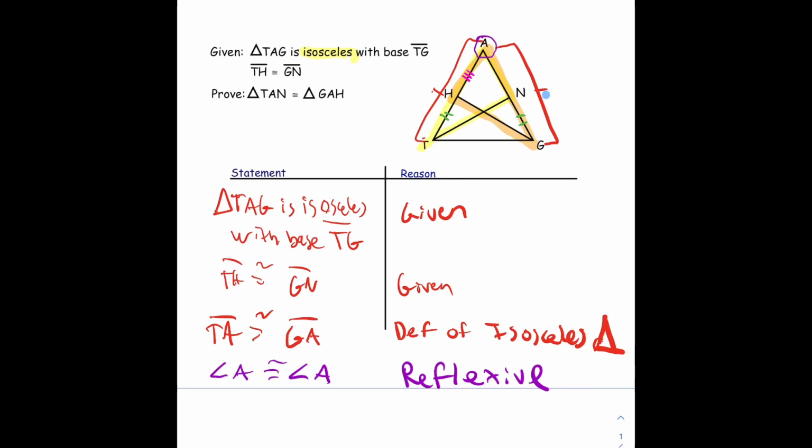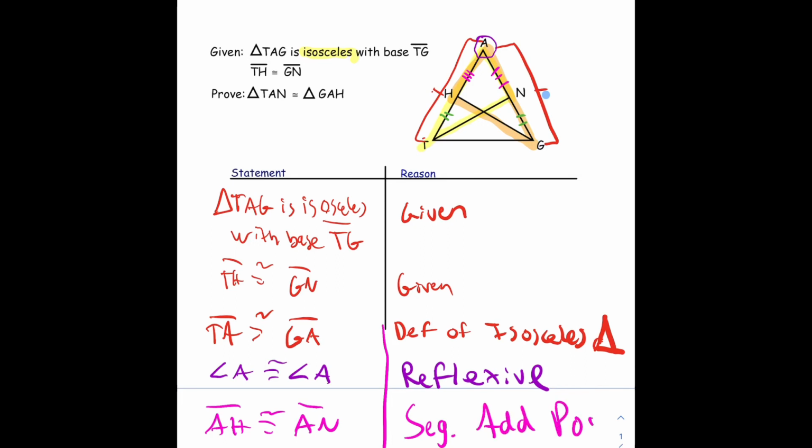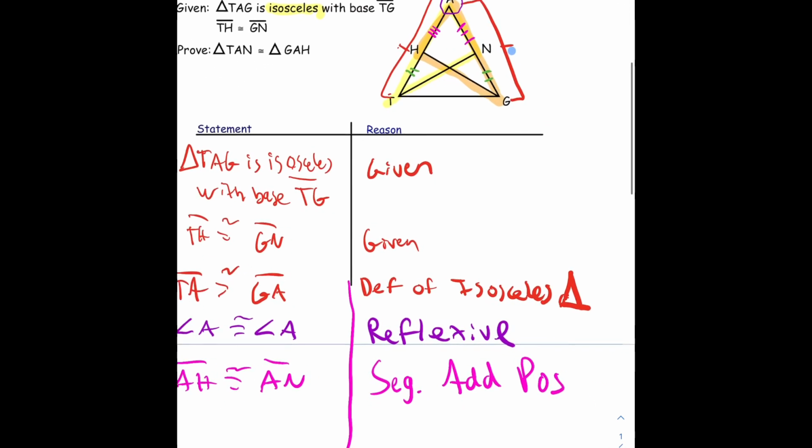So if we did little segment plus little segment equals big segment, we could say that segment AH is congruent to segment AN. And how can we do that? The segment addition postulate. Little angle plus little angle equals big angle. Little side plus little side equals big side.